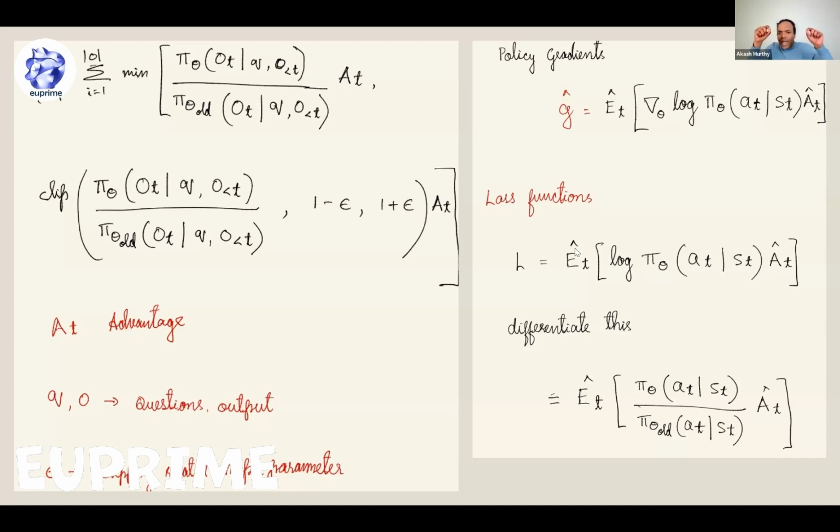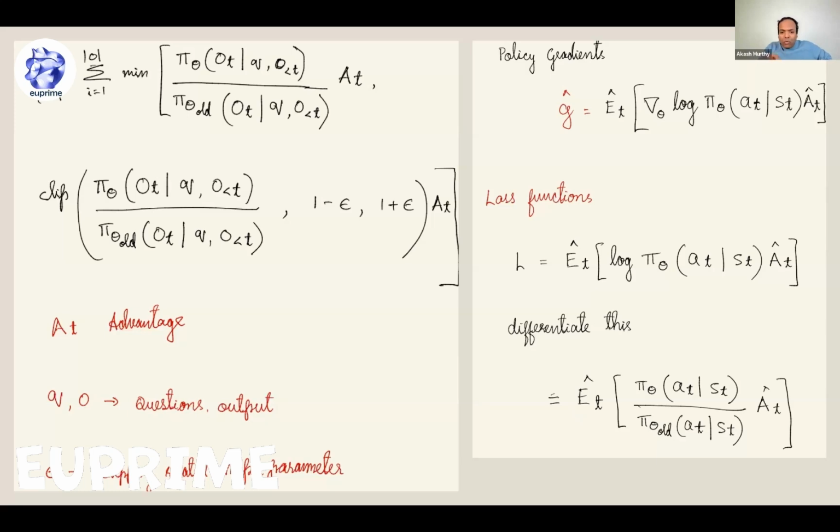Every time there is a cap in any of the formulas, it basically means that you're taking a bunch of samples. In this particular case, samples with respect to T, and you're computing the average. Okay, and when you differentiate this, whenever you have log x, one by x is the differentiated form.